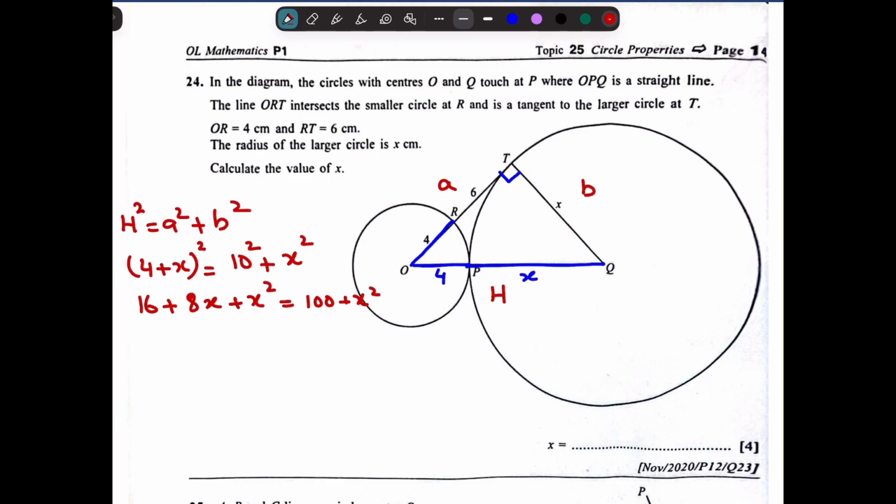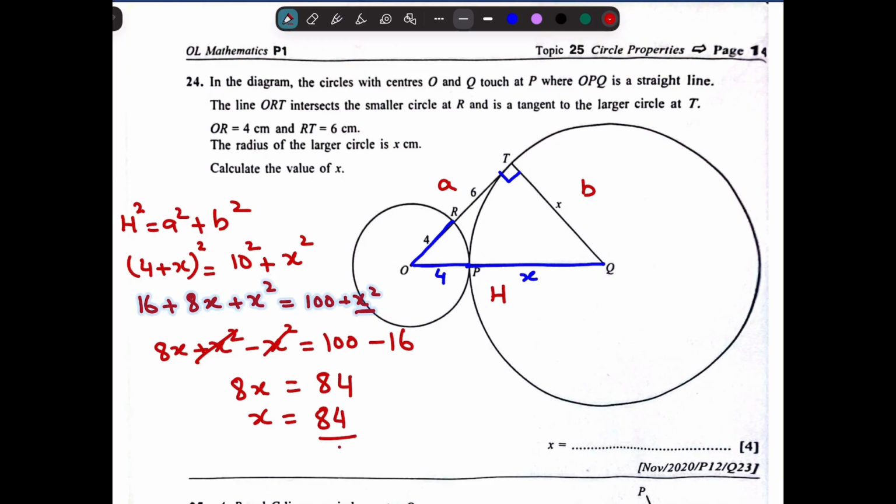So let's move all the x terms to the left hand side and all the constants to the right hand side. Okay, so 8x plus x square, we take this x square to the other side, minus x square. 100 minus 16, this gets cancelled out. 8x is equal to 84.